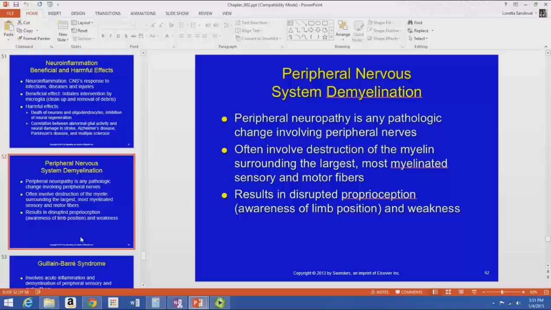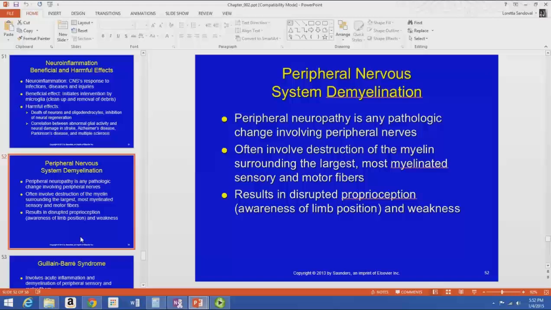So you'll work with a lot of people in the clinic, even if this isn't the primary thing they came in for, who will come in with peripheral neuropathy in their feet, and they have trouble with balance. There's this interesting gait pattern that you'll see where someone actually has a foot slap because they're not getting the proprioceptive signals back to their cerebellum, and they don't have that awareness of their limb position.